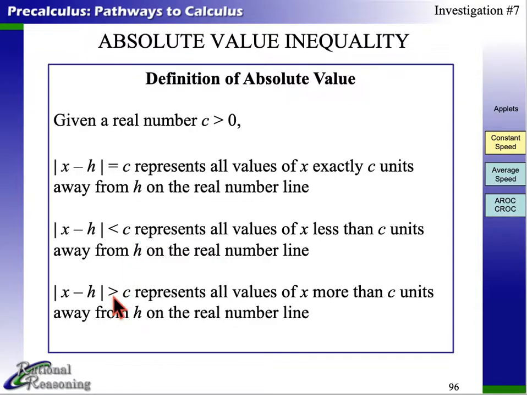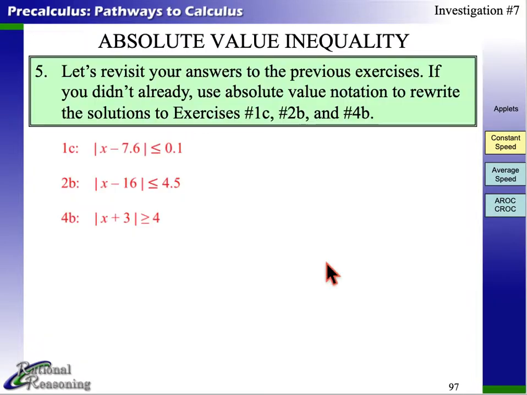If we want greater than, this is a distance that is at least c units away. x is something that is at least the distance of c away from h. Okay, that's how that's going to work.